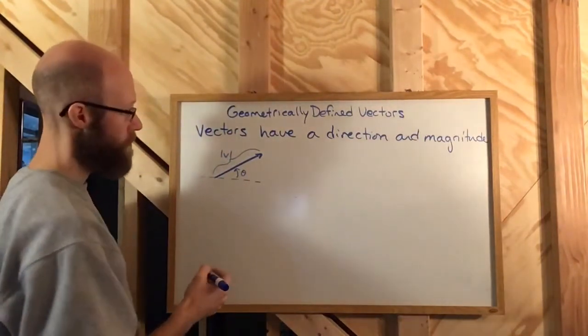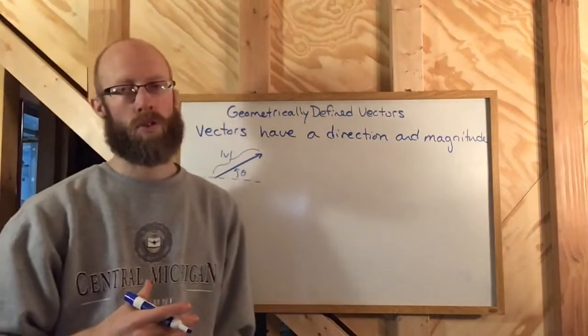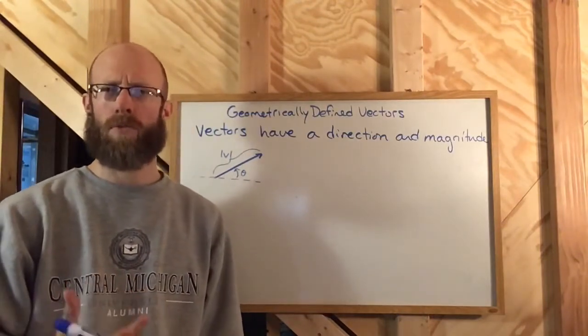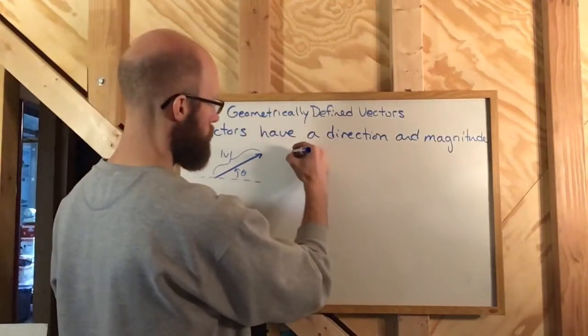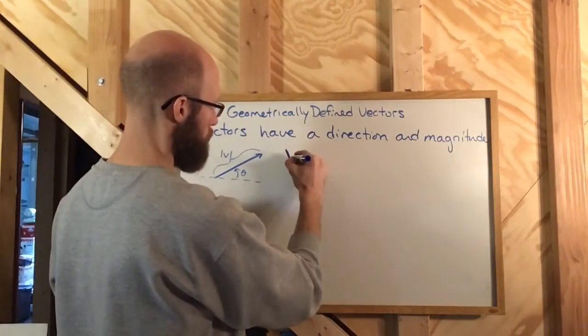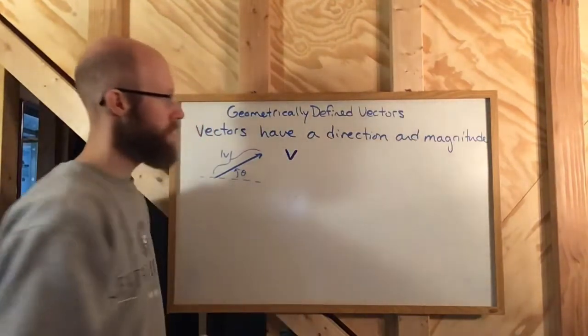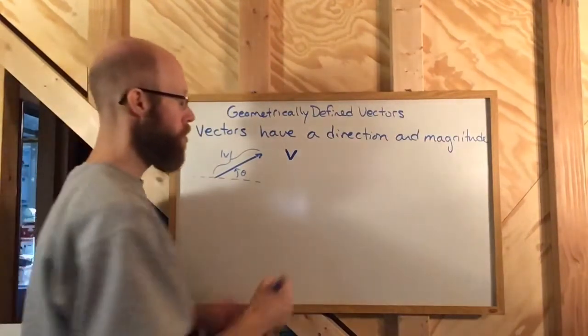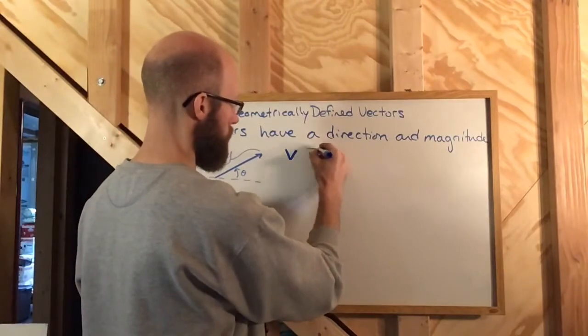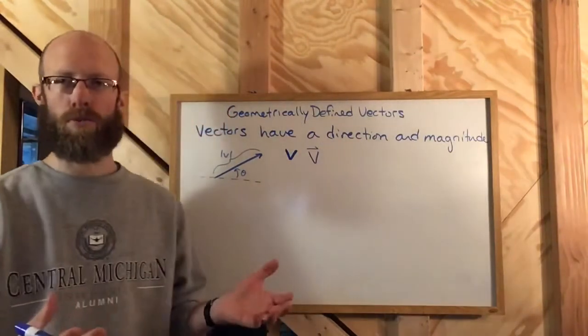Now, we usually use a couple different types of variables for vectors. We can use either a boldfaced letter, like vector v has a bold v, or you could write it with a little, we call them harpoons or arrows.